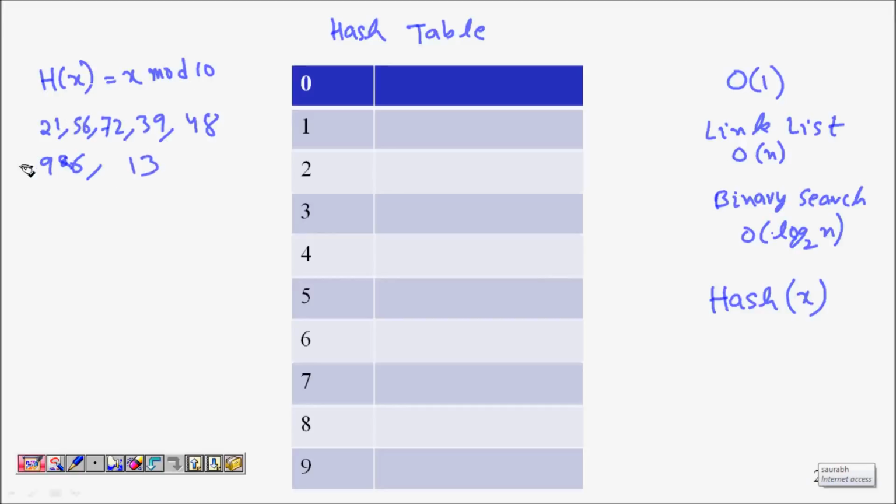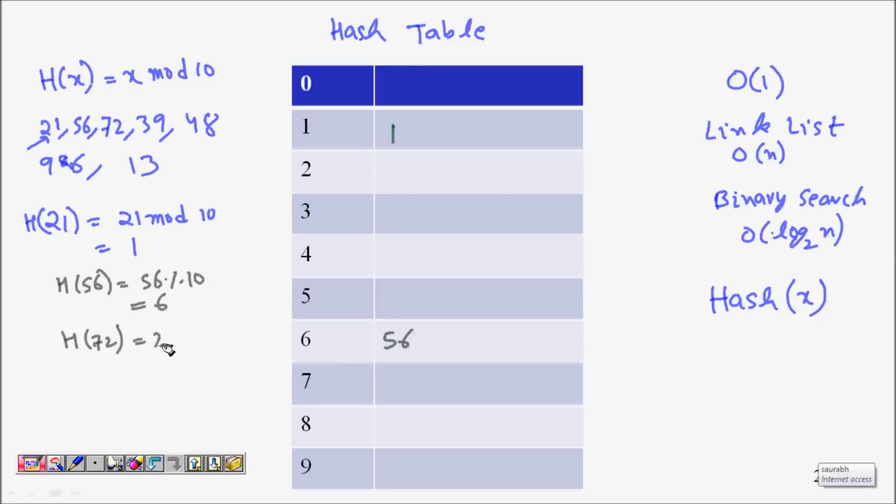When we insert these elements, we use the hash function to decide where to keep each value in the table. h(21) is 21 mod 10, so it becomes 1, and we put it here. h(56) is 56 mod 10, so it will be 6, so we have 56 here. h(72) will be 2, so it comes here. h(39) is 9, so it comes here, and h(48) is 48 mod 10, which is 8, so 48 comes here.